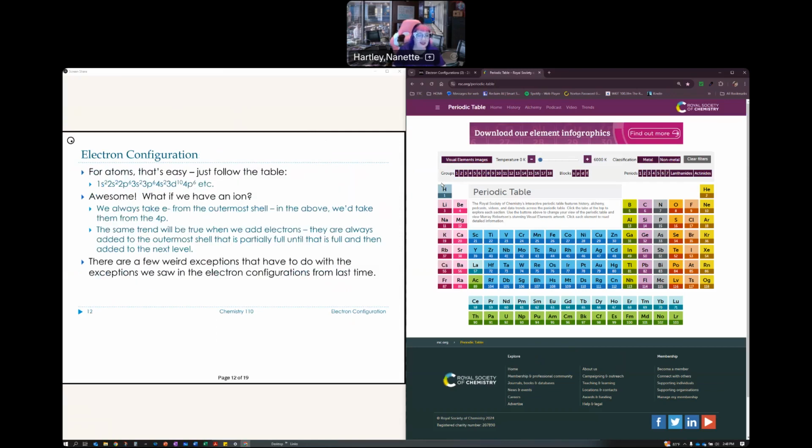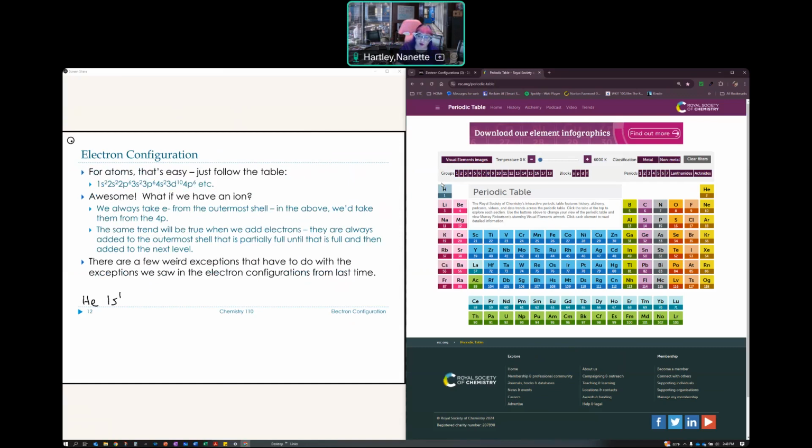Now, I say electron configurations for atoms are easy. I think they are. And I tell you to follow the table. Okay, we did hydrogen, right? And we said that he was a 1, he was an S, and he had 1 electron in that orbital. The next thing that we would do is helium.